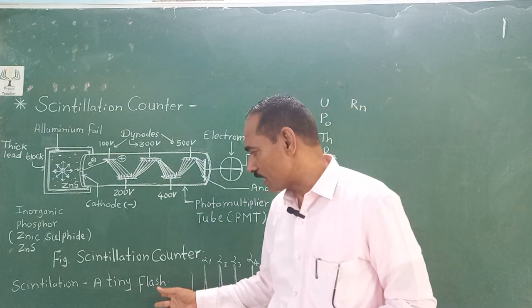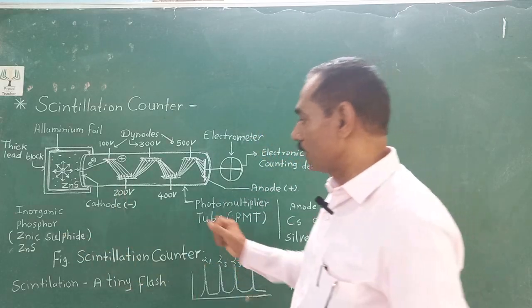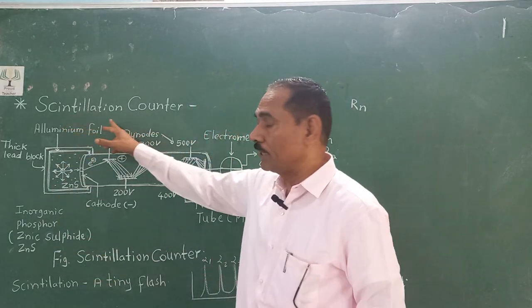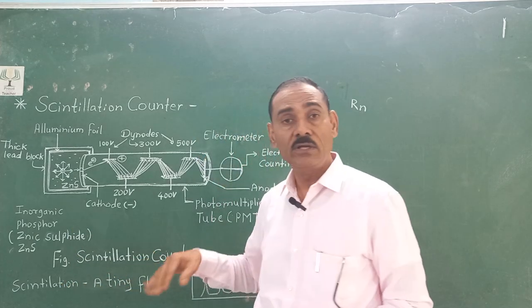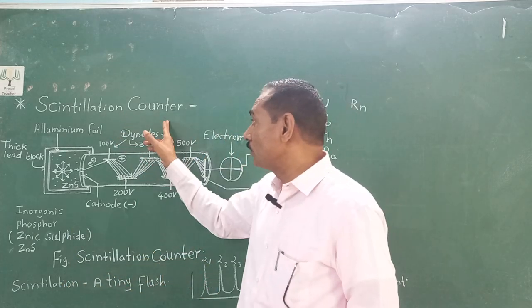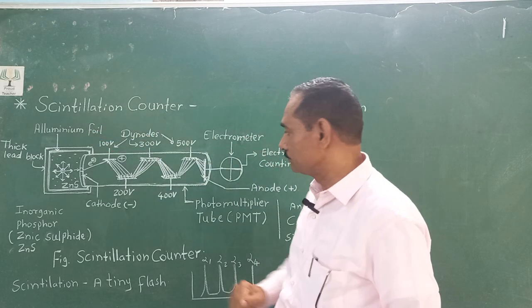That's why the word tiny flash is used. It is called a scintillation. Scintillation means a tiny flash, and hence the counter is named a scintillation counter.